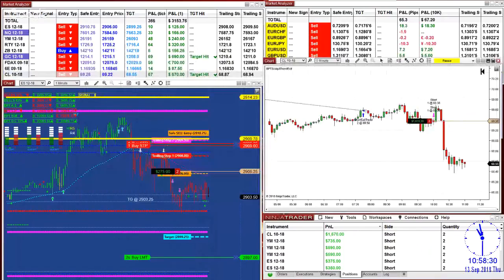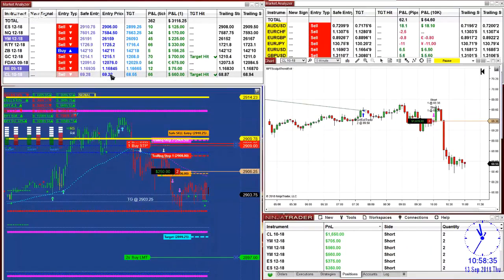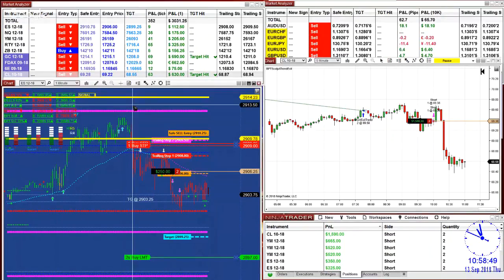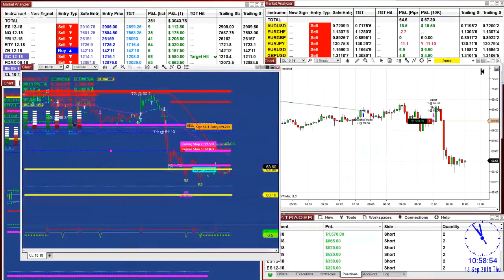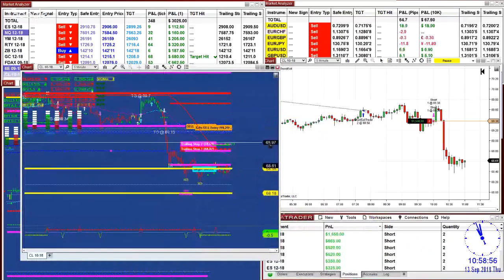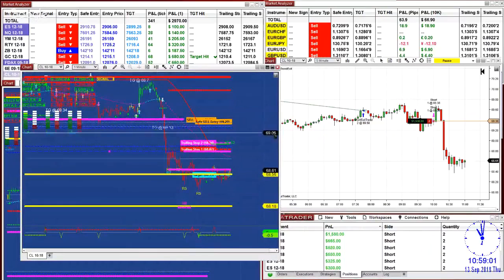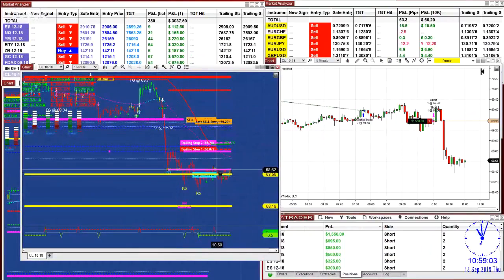And let's look at the CL price action. The price action CL, the entry was 69.22, target 68.55. We are right in target, and it's getting stuck on this resistance line right now.